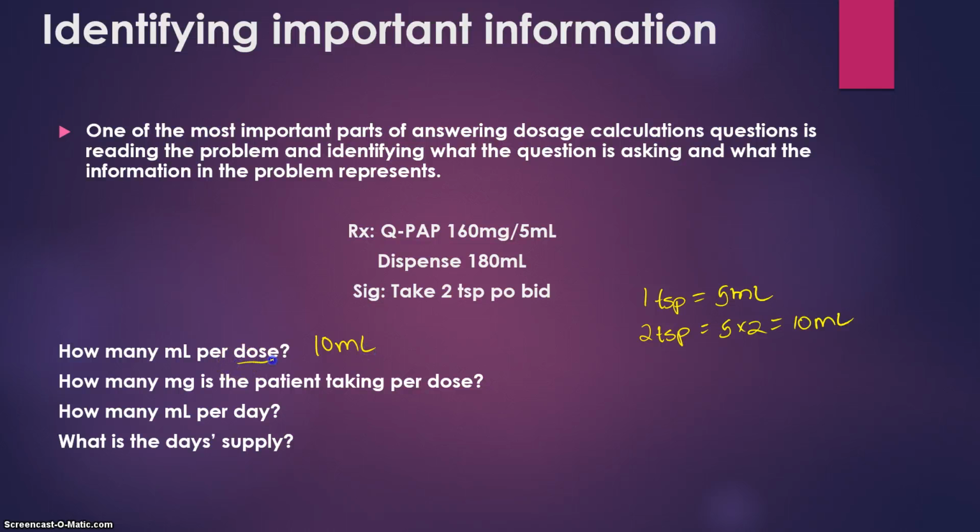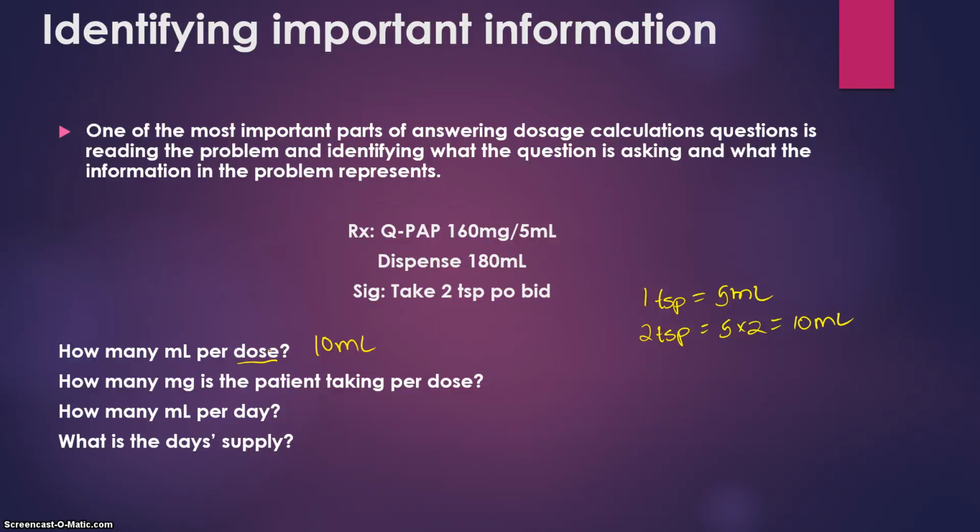And dose means how much the patient is required to take at one time. So the patient is required to take 10 mLs at one time. Whereas twice daily means that's the total daily dose. Okay? So how many milligrams is a patient taking per dose?